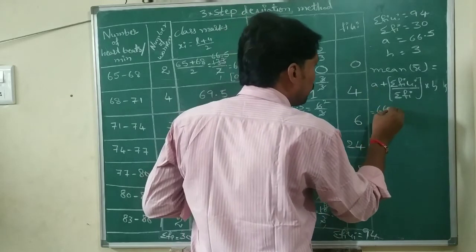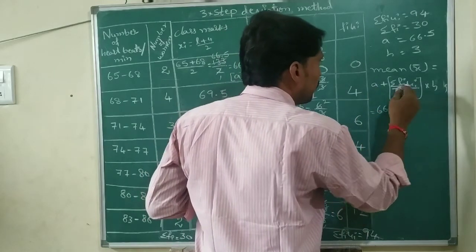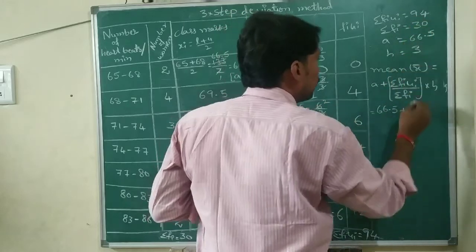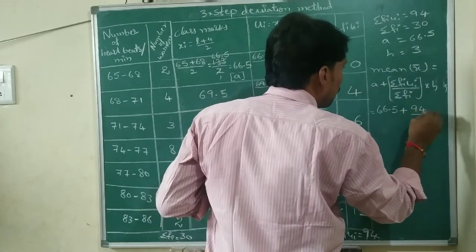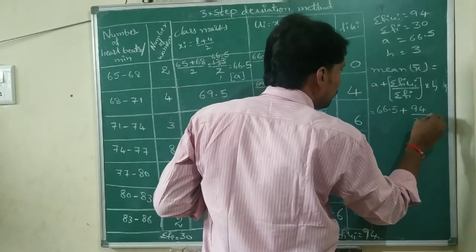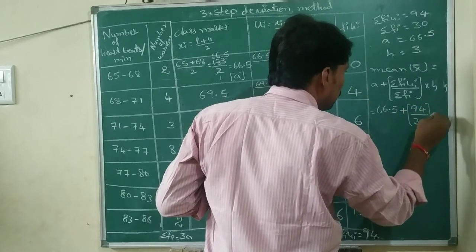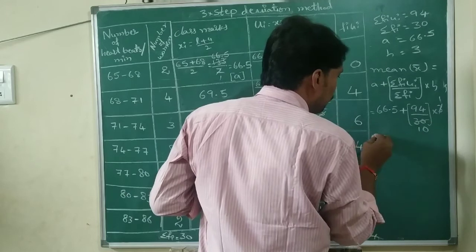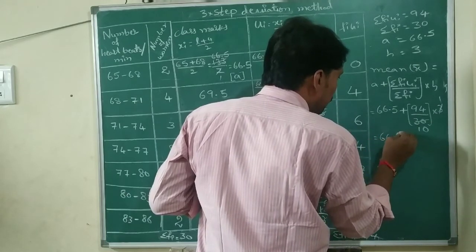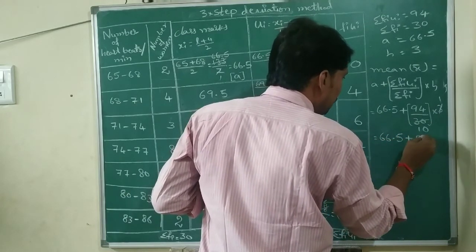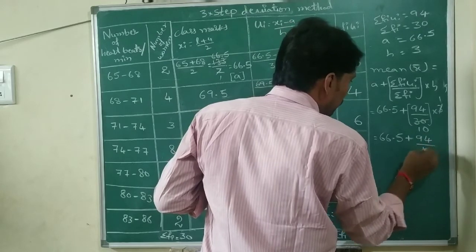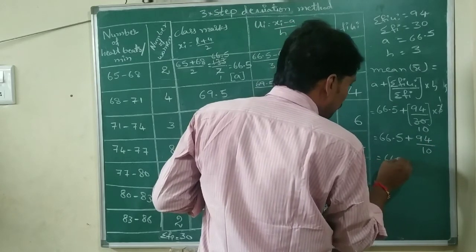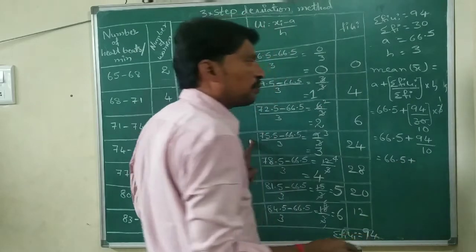So the a value is 66.5 plus sigma fi ui, which is 94, by sigma fi, 30, into the h value, 3. 3 ones are 3, 3 tens are 30, so it is 66.5 plus 94 by 10.